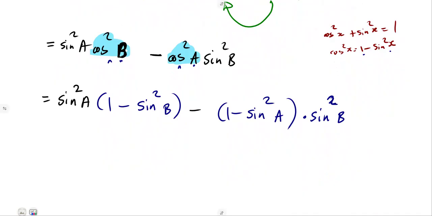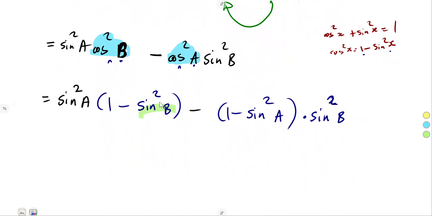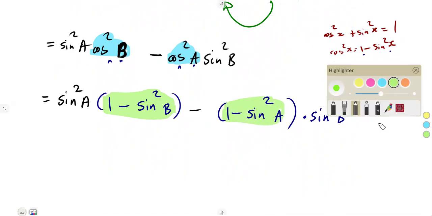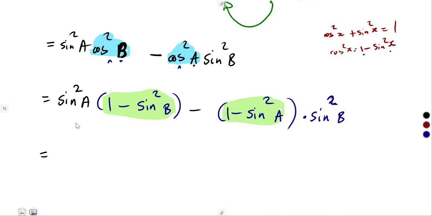Let's expand these brackets. As we can see, there are brackets to be expanded. The first bracket, 1 minus sine squared of B, has to be expanded, and here 1 minus sine squared of A. So if we expand, that is going to give us what? Sine squared, we distribute times 1.